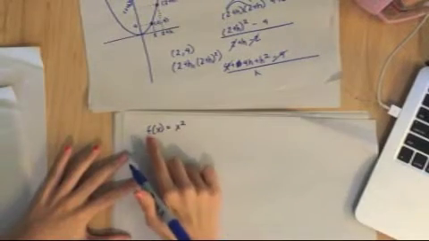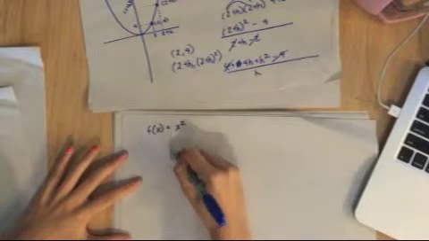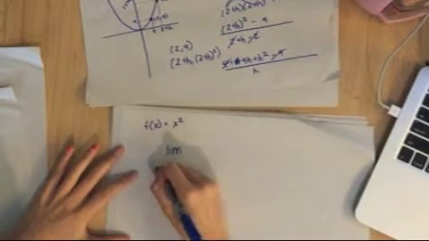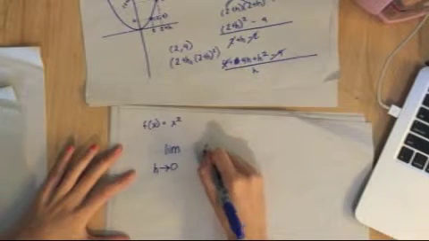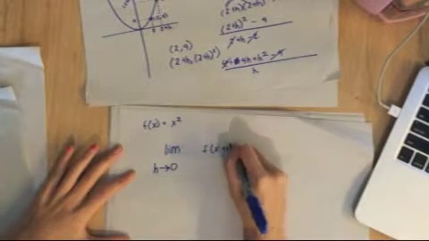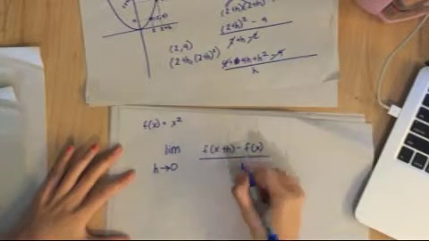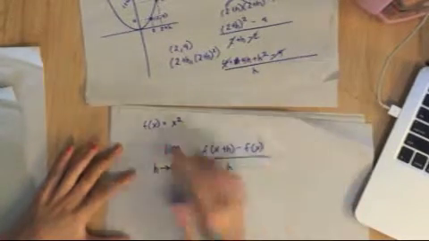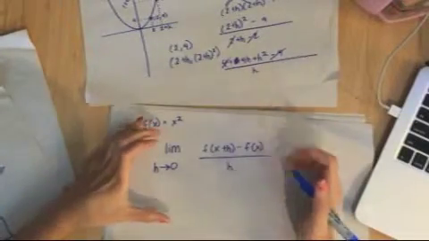So we have f of x equals x squared, and we have the definition of a derivative. And this will give us the derivative.